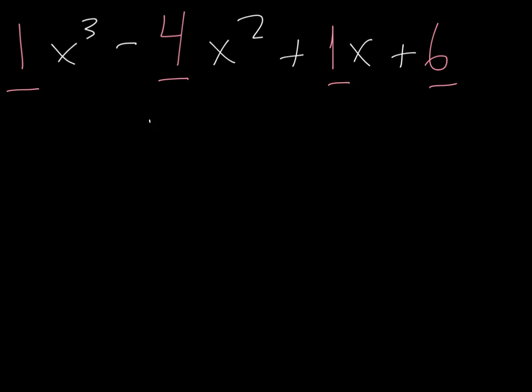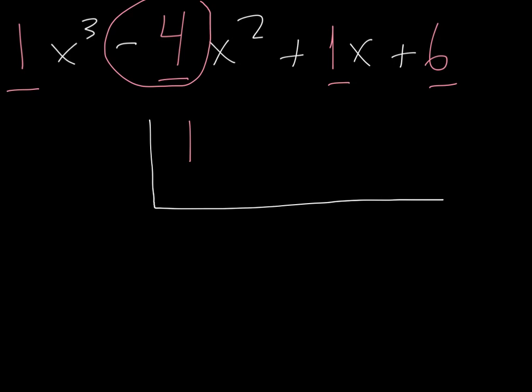So we set up this upside down division symbol, and we take each of these coefficients and write them in here in order. So we have 1. We have to be really careful here because this isn't just 4, this is actually negative 4 because we're subtracting. So 1, negative 4, 1, 6.